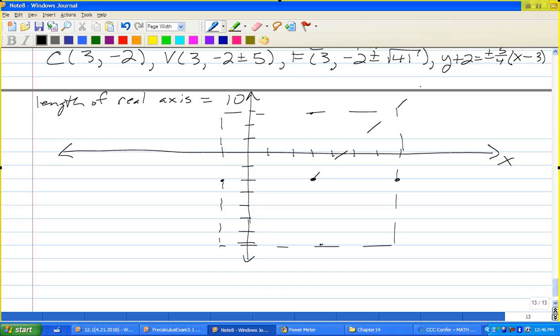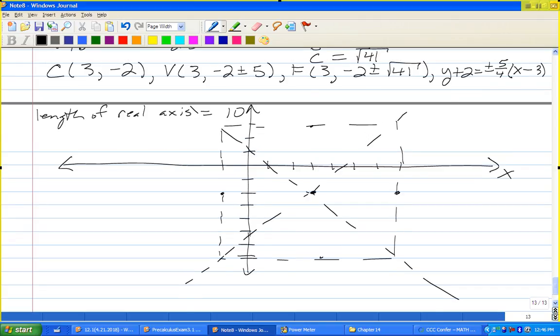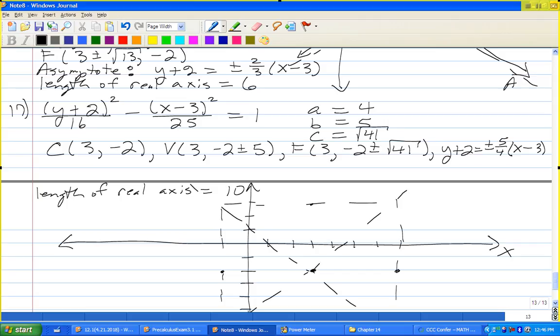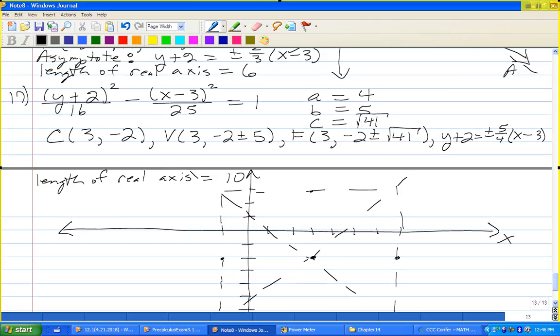Here are my diagonals. And it's got to be y.